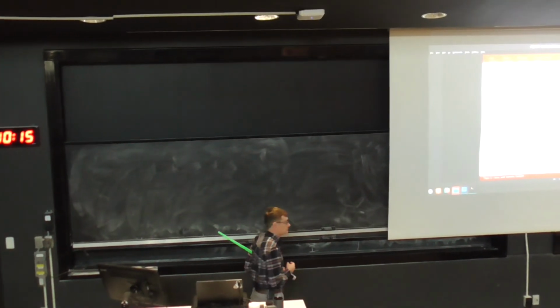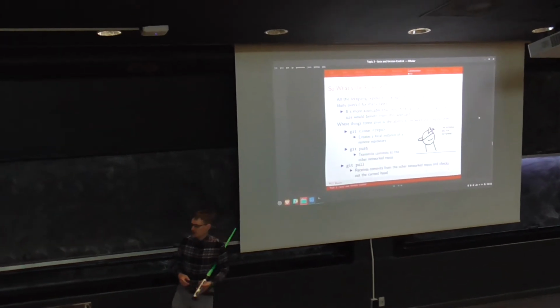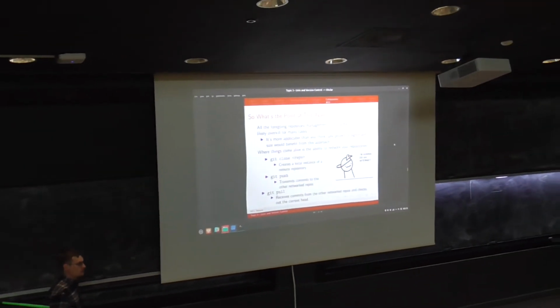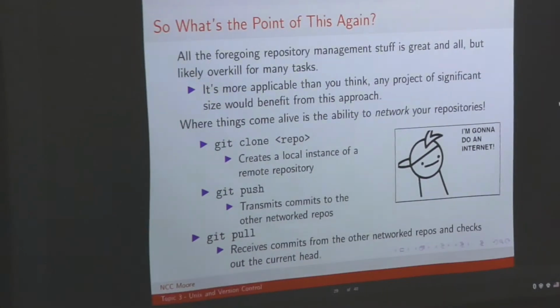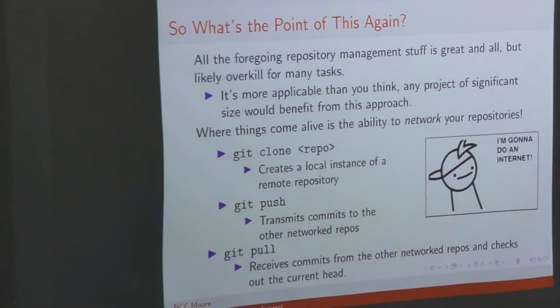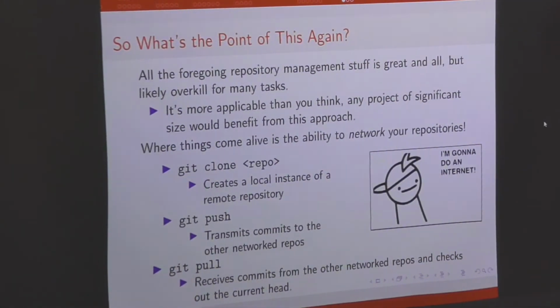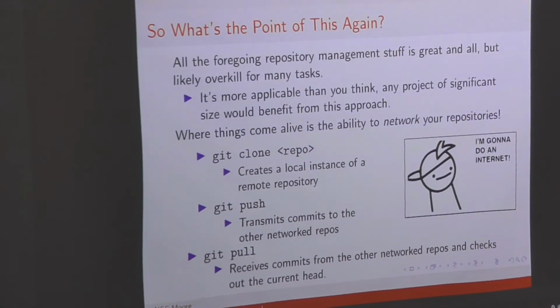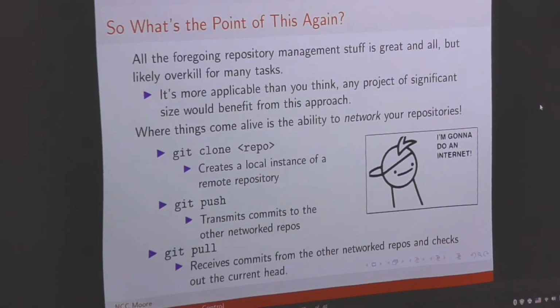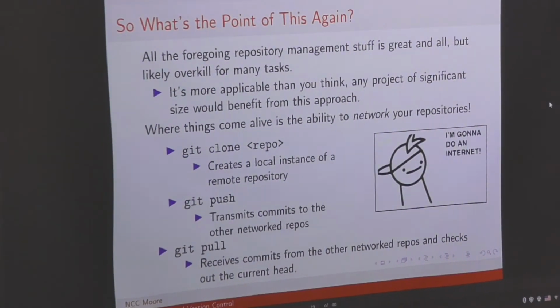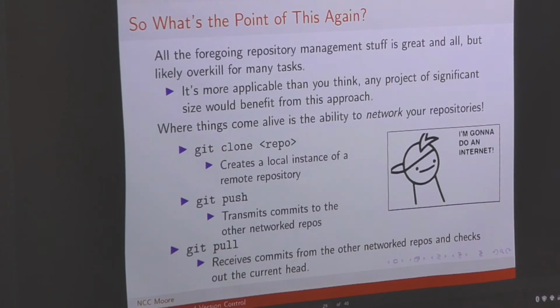So, what's the point of all of this again? It's to organize several people working on a project. While Git repositories are good and useful, they are probably overkill for pretty much any personal purpose.